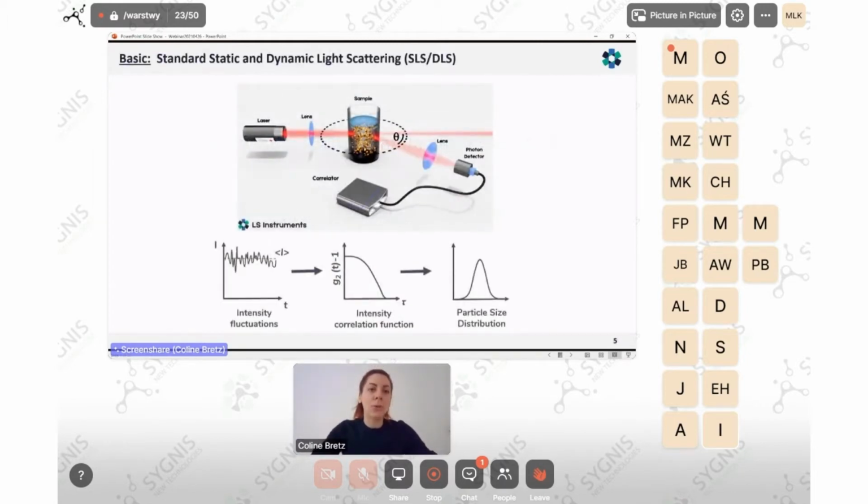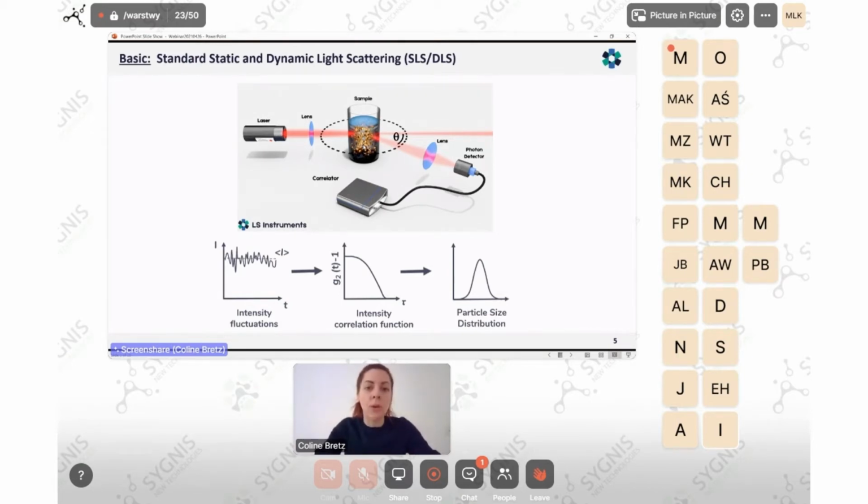When we do dynamic light scattering or static light scattering, what we do is that we send a laser beam onto the sample. The sample consists of nano or microparticles in suspension in a solvent. There are some dynamics of these particles because they are agitated by thermal motion.